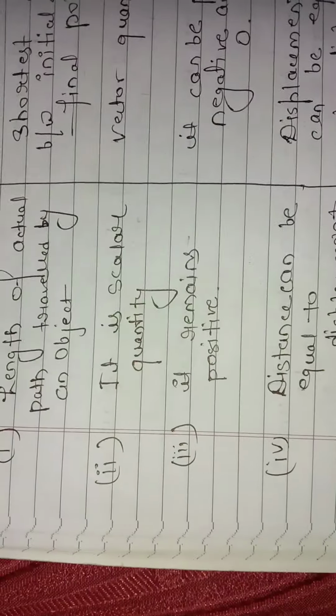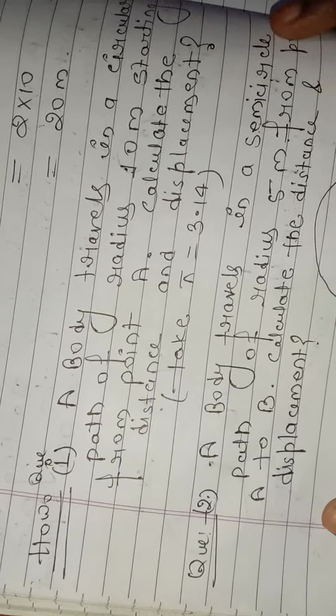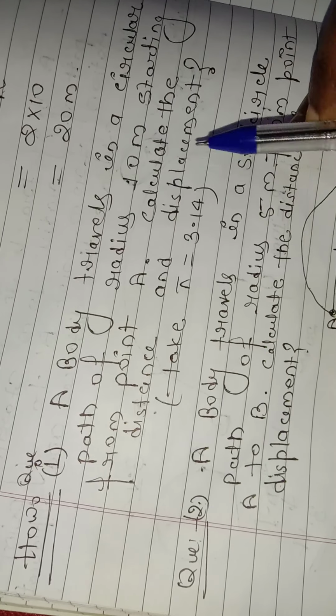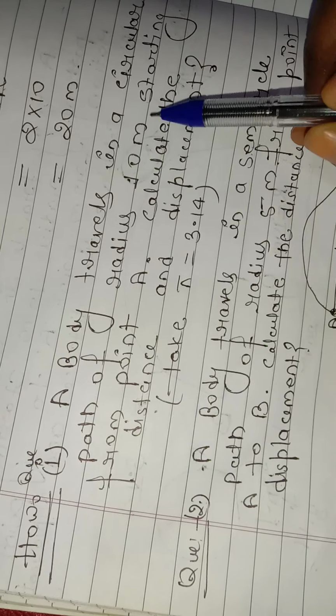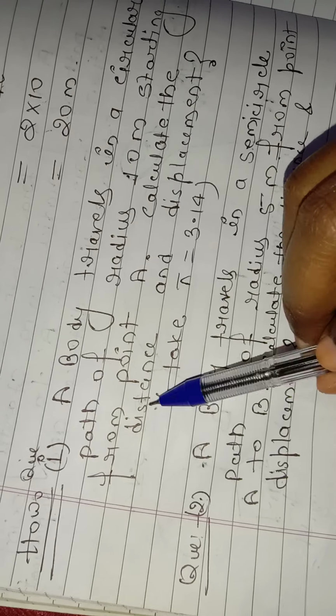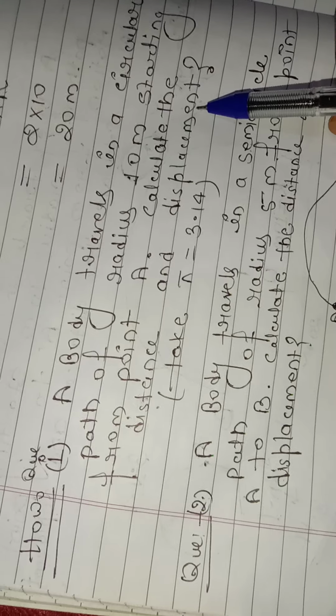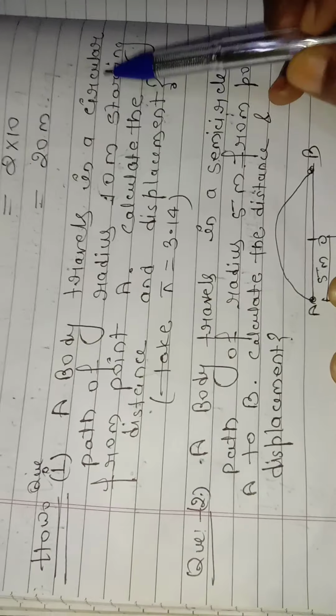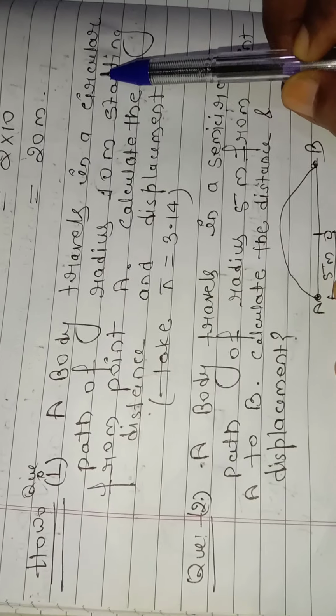Now see the next question. What is the next question? A body travels in a circular path of radius 10 meter starting from point A. Calculate the distance and displacement. Now here your path is a circular path, not a semicircle path.